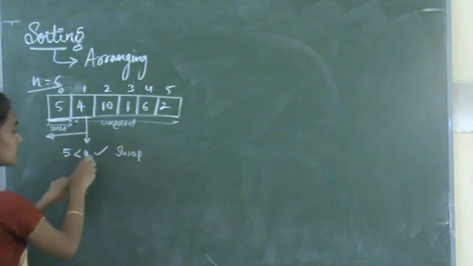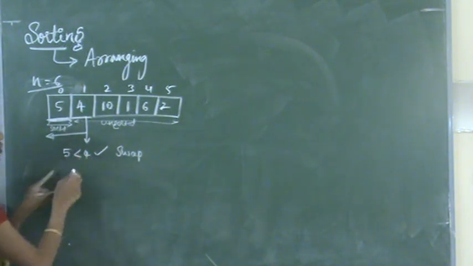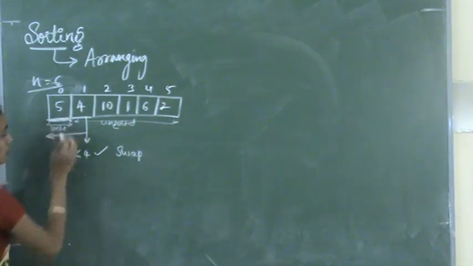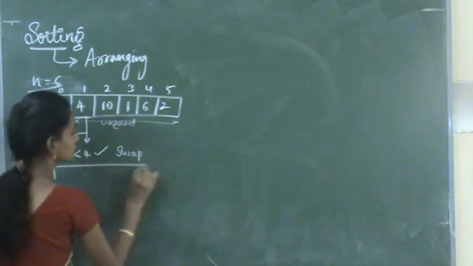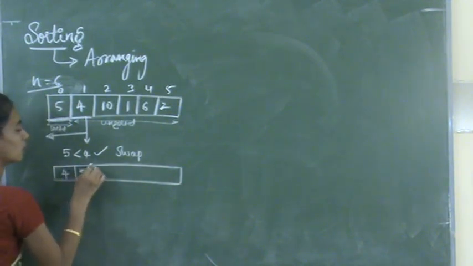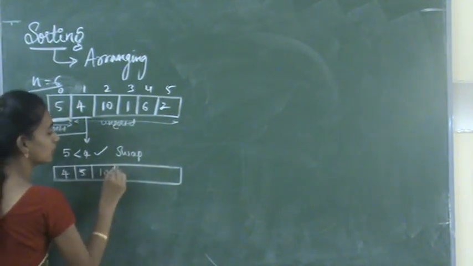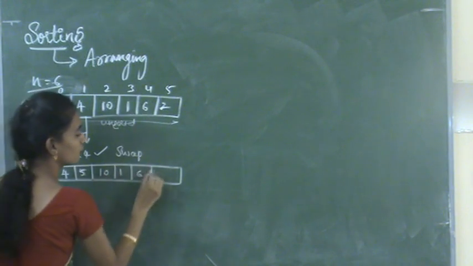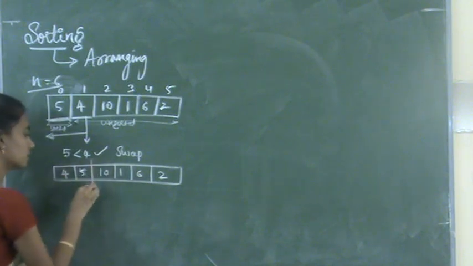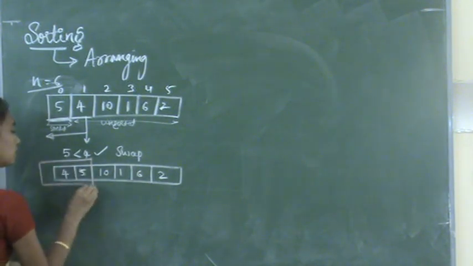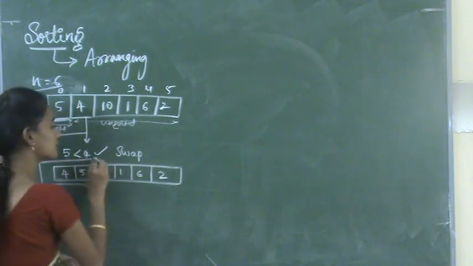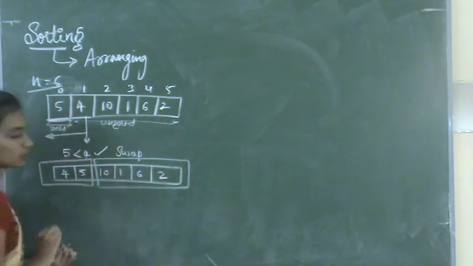So 5 is less than 4, so we swap the values. Now the array becomes 4, 5, 10, 6, and this part becomes the sorted array and the rest the unsorted array.